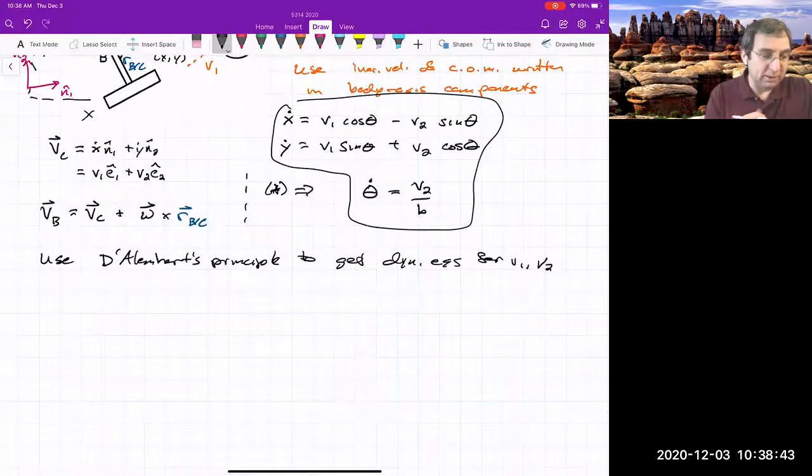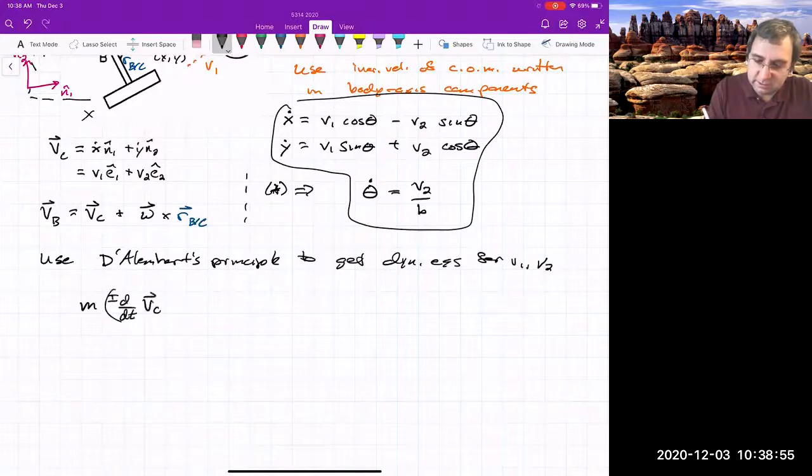You'll have to use the fact that it's a rigid body, so it's got a mass. You have to take the inertial derivative of the center of mass and then dot it with gamma. You just have one body, so 1I. I'm skipping that there could be an applied force.